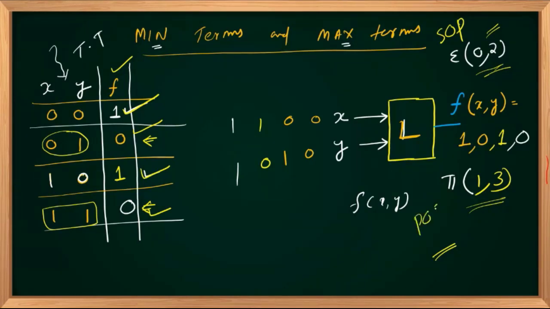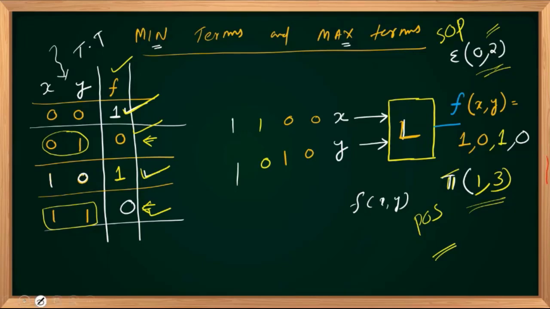Sigma is sum, right? POS implies product of individual sum, right? Pi stands for product. So product of individual sum terms. So POS is represented using pi terms or max terms. SOP, sum of individual product, is represented by using individual product terms. They are called min terms.